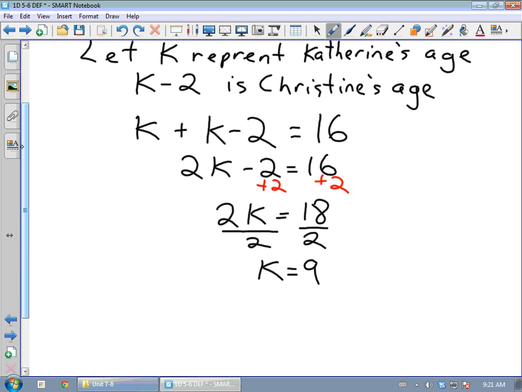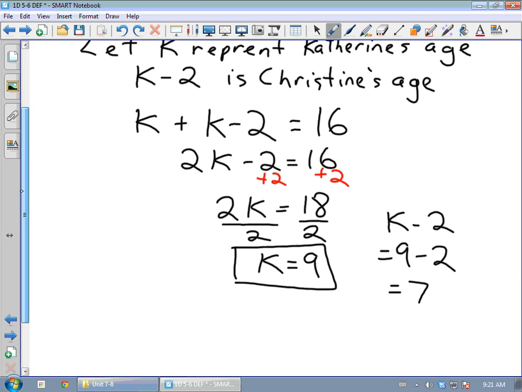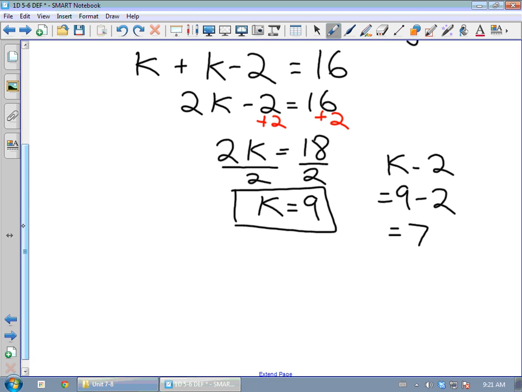So, Catherine is 9 years old. How do I figure out how old Christine is? Well, K minus 2 is Christine's age. So if I do K minus 2, 9 minus 2 is 7. So those are the two things I was looking for, 2 ages.